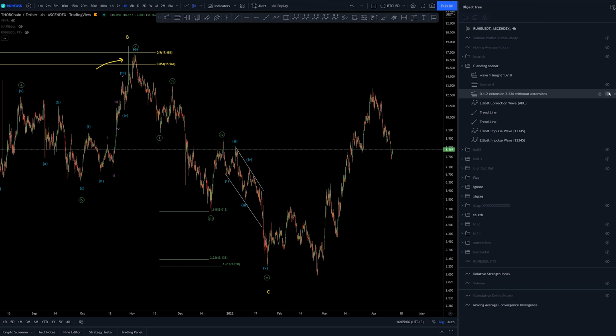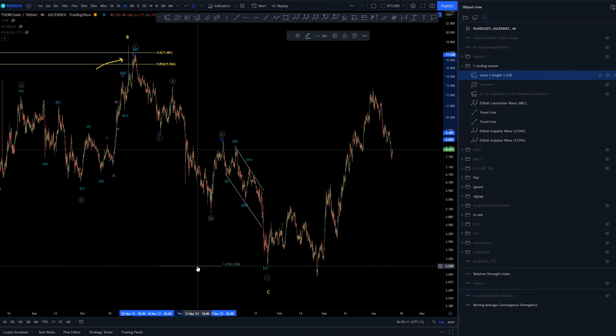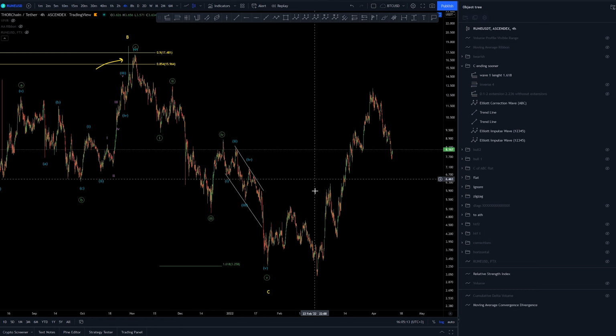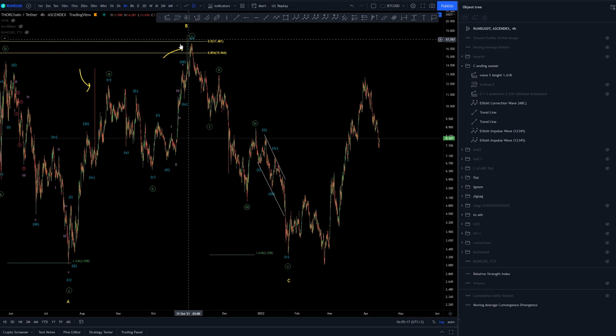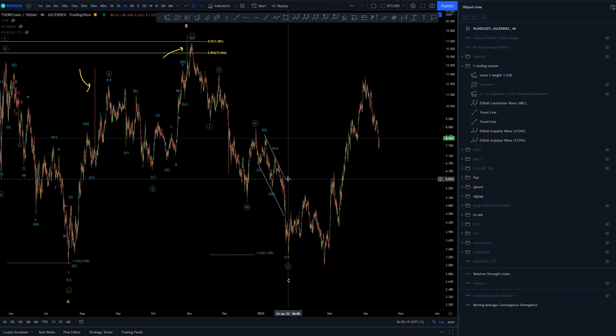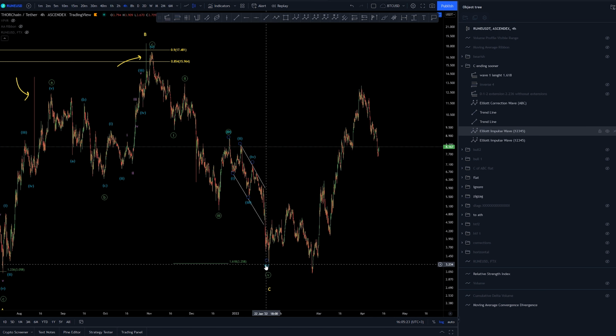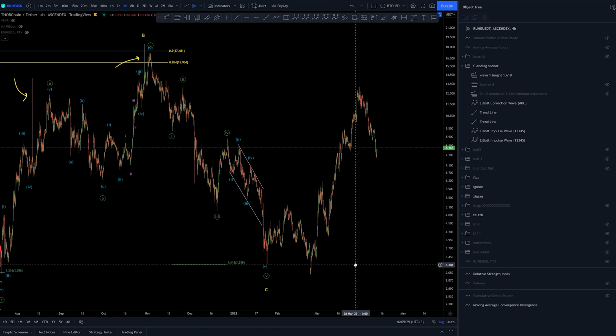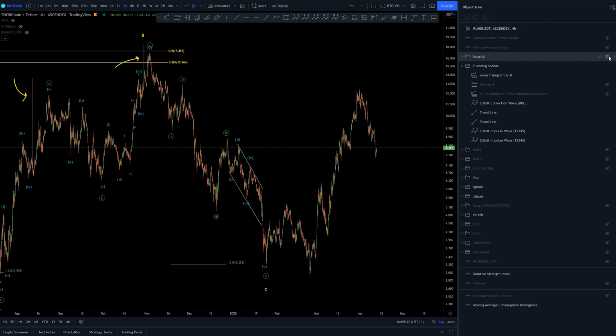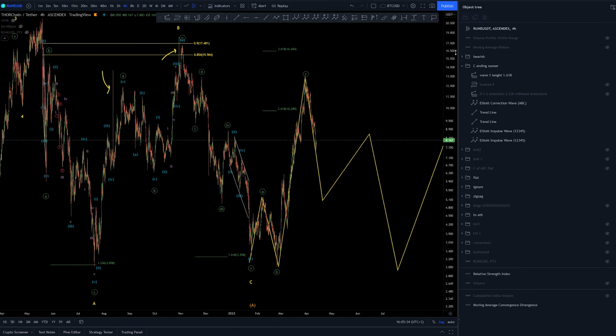Then the wave 1 extension for the 1.618 length is perfectly hit as well, giving this quite a lot of good targets hit, I would say, and this would make this C a real possibility to end early here instead of here. Now the count forward from here would be something like this.